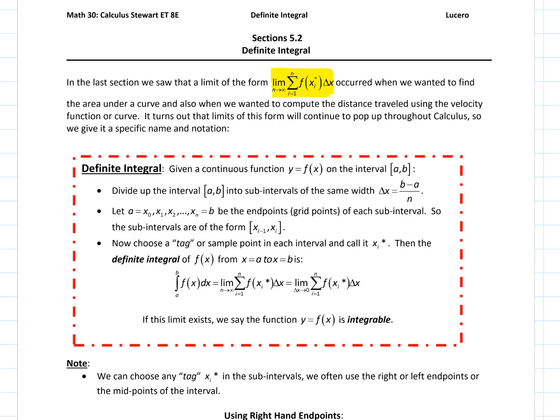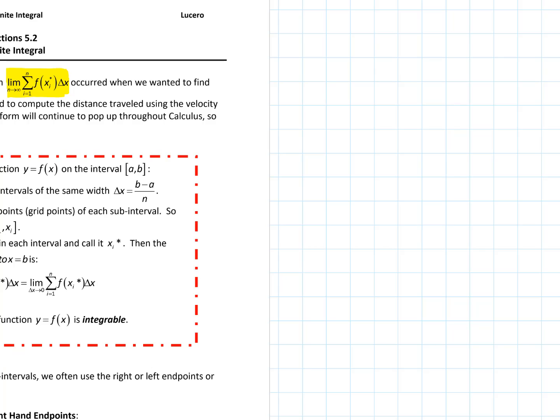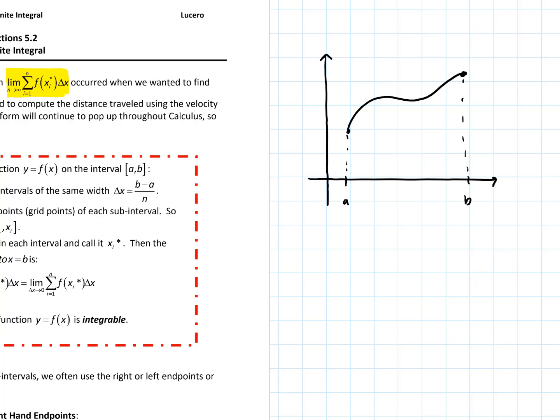Now, if we can just do a quick little recall on where that came from, that is coming from looking at the area under a curve and approximating it using rectangles. So if we want to find the area under this curve from a to b, this is coming out of our last section.